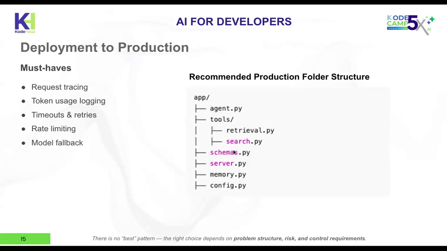Then schemas, where you can keep all kinds of schemas. And you have server. Server is the entry point in this case, right? That kicks everything off. This is where you can implement memory and config. The other thing I didn't even mention here is things like queries. If you have chains that are built on prompts and prompt templates, you could also do that.